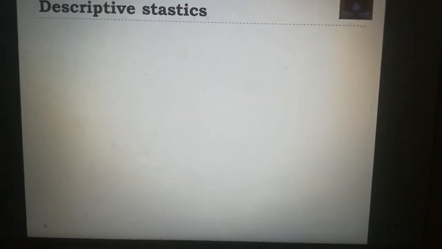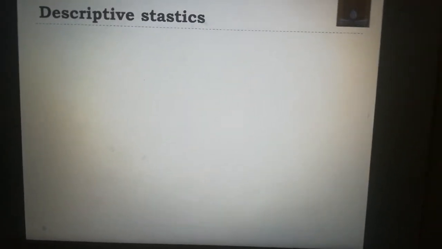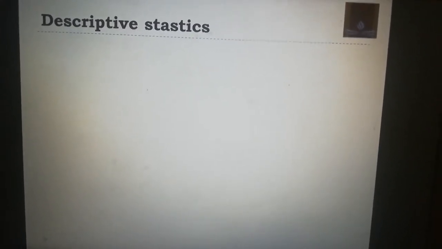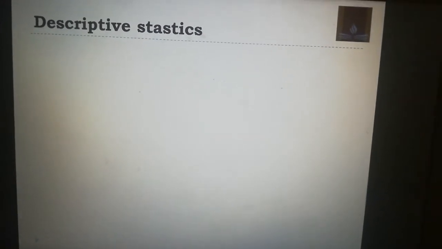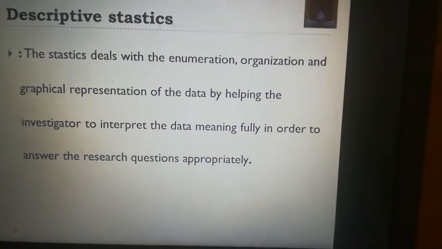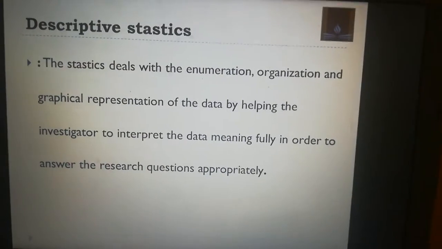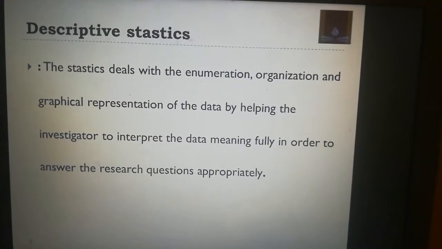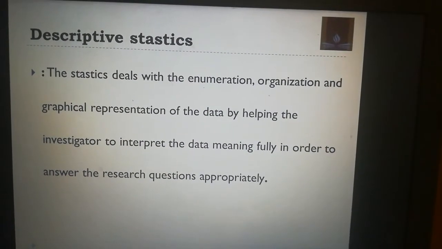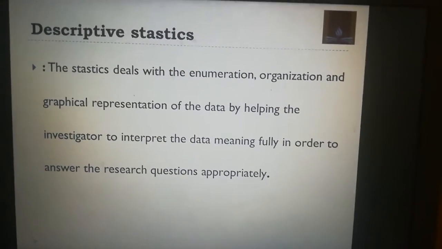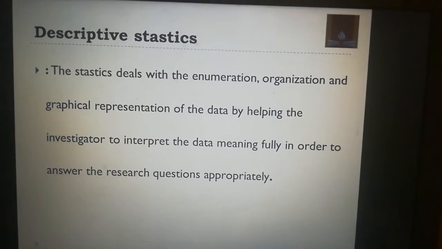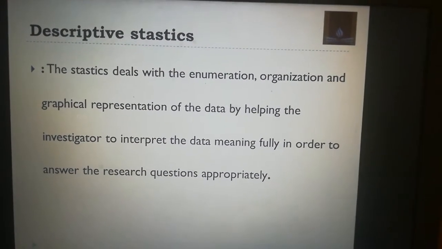As we know, let's have a look at the definition of what we mean by descriptive statistics. It is nothing else but the application of mathematical techniques in order to represent the collected data.